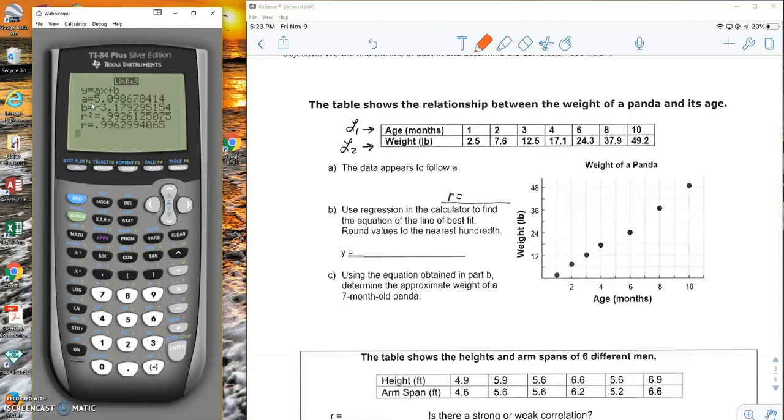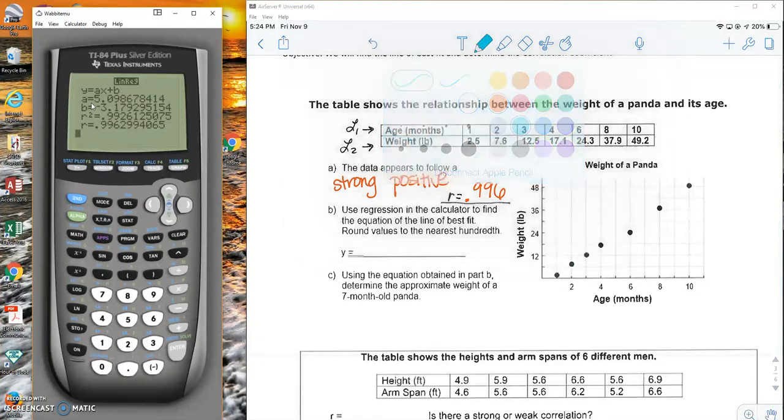And they ask the data appears to follow a blank. So my R value here is 0.996. So that is a strong positive. So strong is how close is it to 1, positive is whether the number is positive or negative.